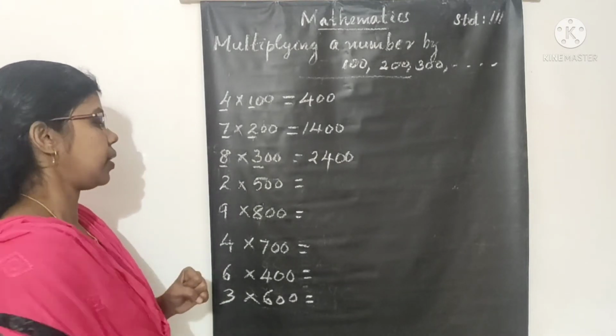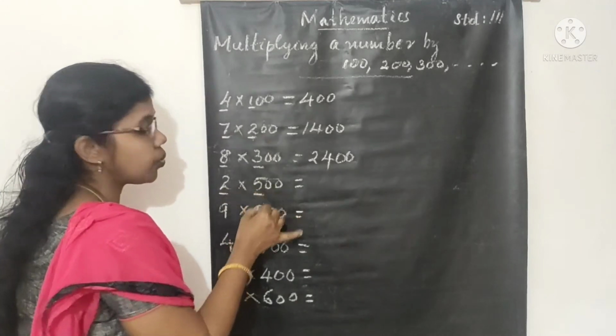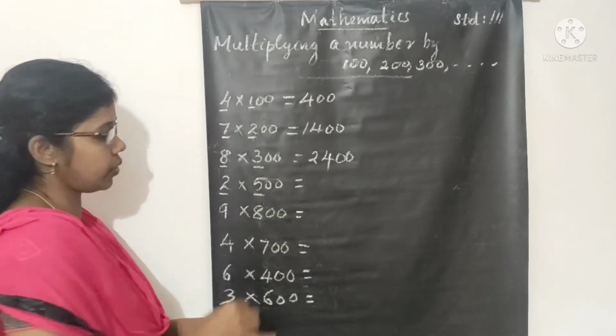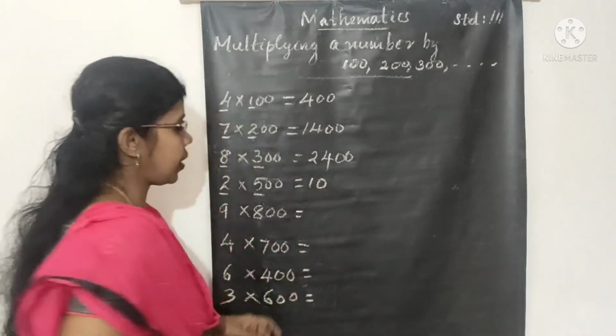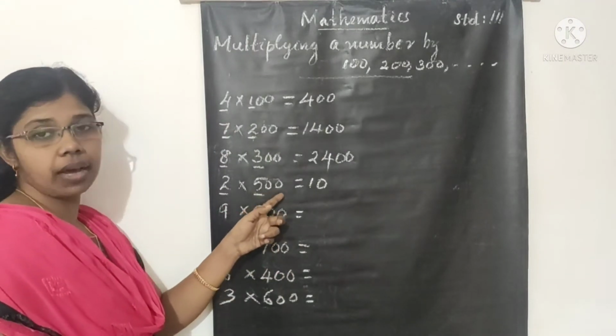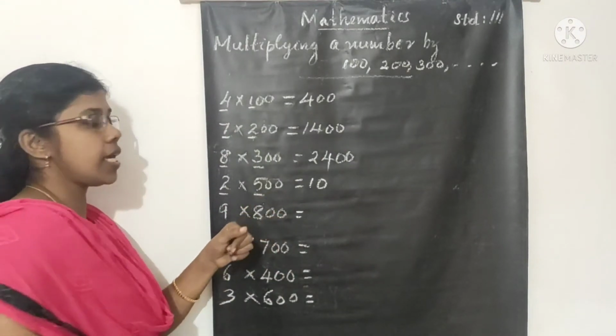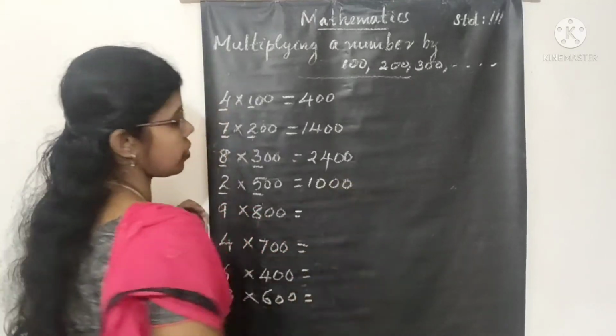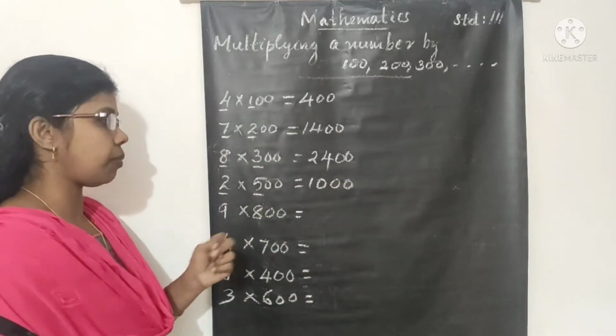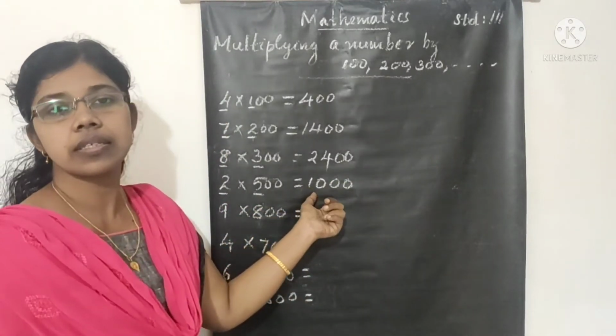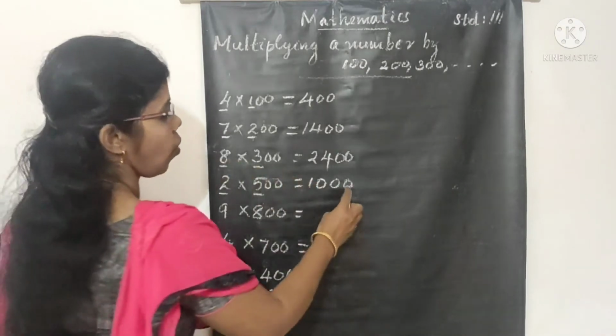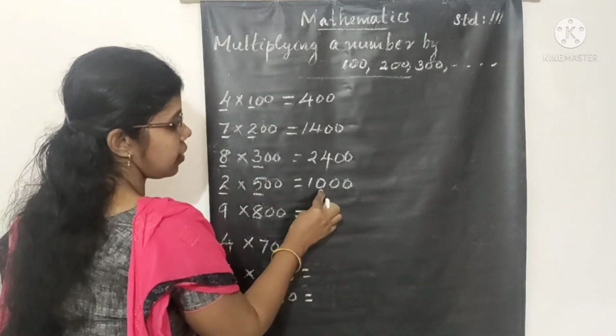The next one, 2 into 500. First we have to multiply 2 and 5. 2 5s are 10. Then how many zeros here? 2 zeros. Put those 2 zeros on the right side of the product. So what is our answer? Ones, tens, hundreds, thousands.